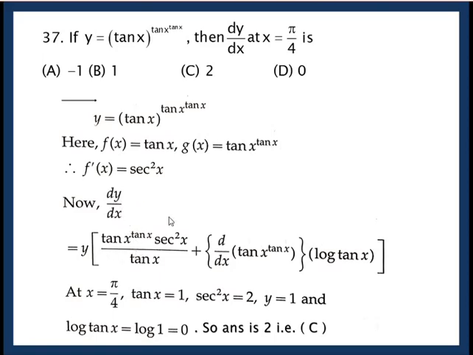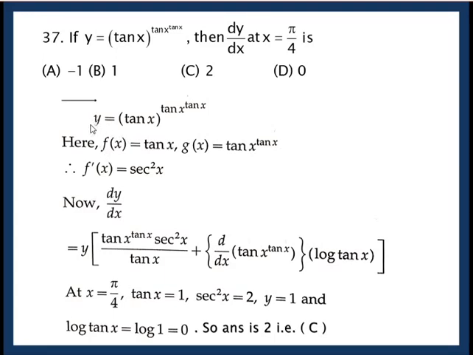In fact, I haven't mentioned the rule here. See, this is logarithmic differentiation only, but if this is f x and this is g x, then you can remember the derivative directly. Let me explain that. Basically log is taken, that step is not written.